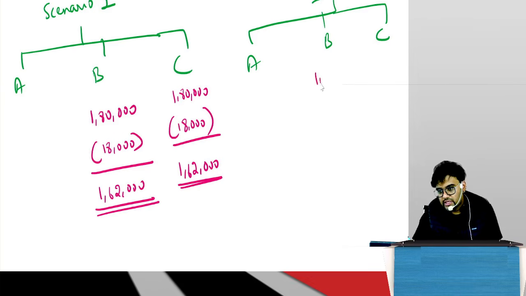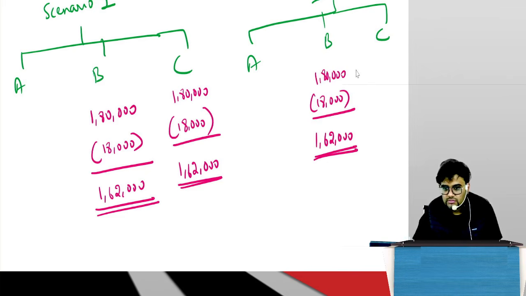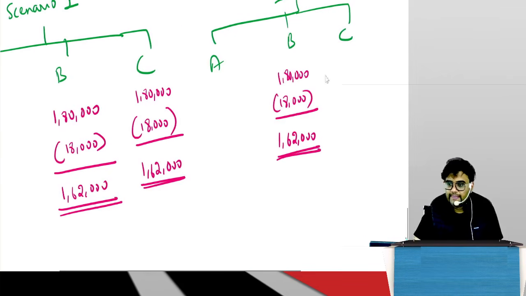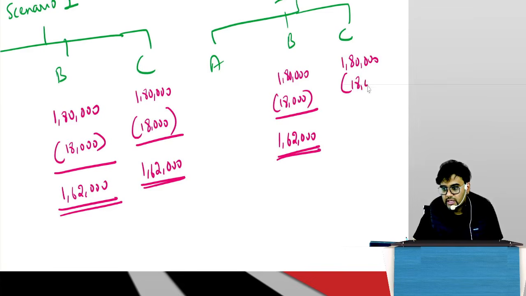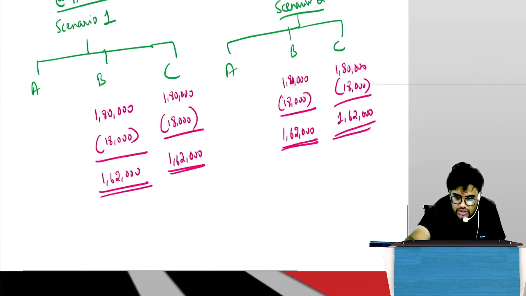Here also the same, and here also, 1,80,000 minus 18,000 gives 1,62,000. Here no change whatsoever.